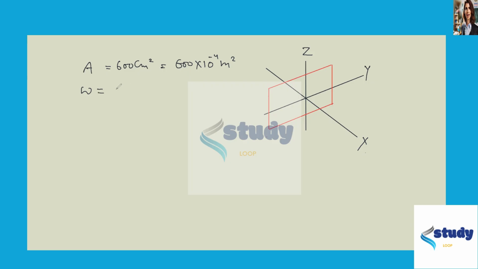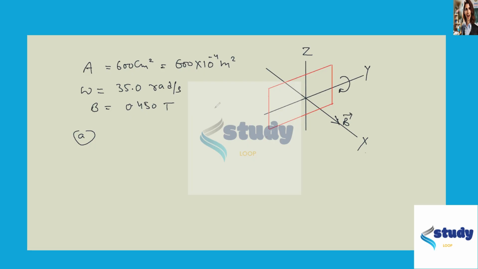Its angular speed of rotation is given as 35.0 radian per second, and the magnetic field, which is along the x-axis, has been given as 0.450 Tesla. Now, in the first part of the problem, the coil is rotated about the y-axis, means like this.